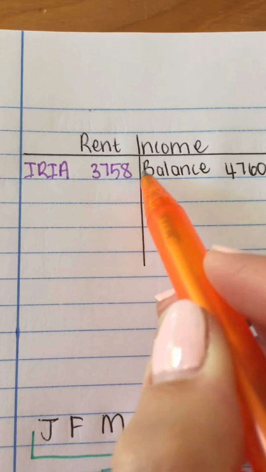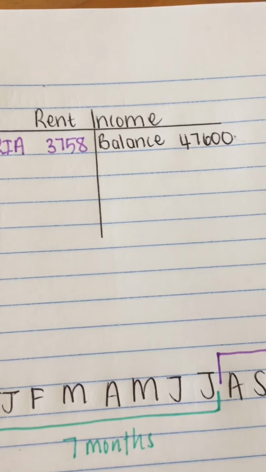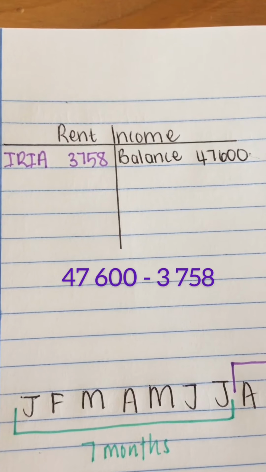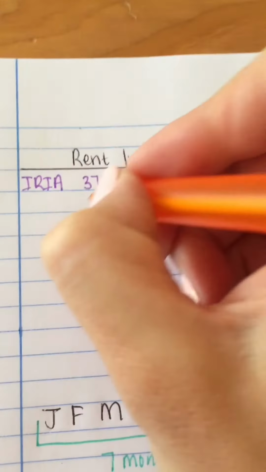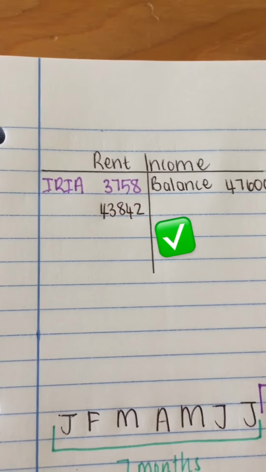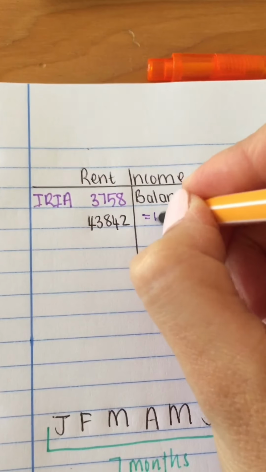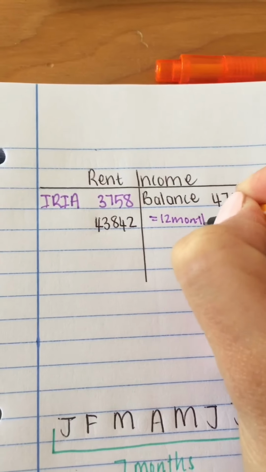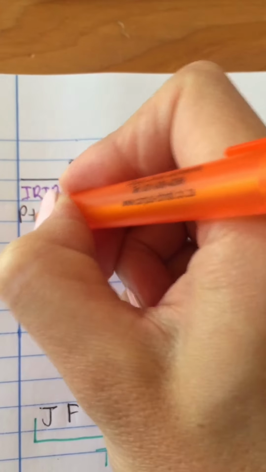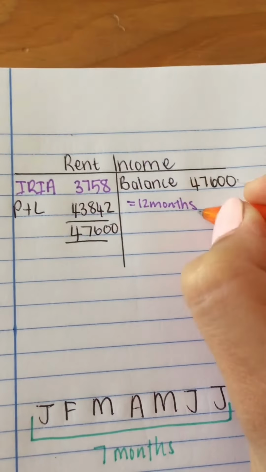I am subtracting the one that I don't want in my books. So 47,600 minus the 3,758 gives me 43,842. That is the amount, again, for 12 months. That's what I want in my books. That one will be closed off to profit and loss.